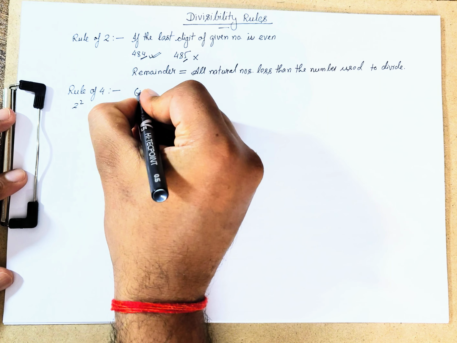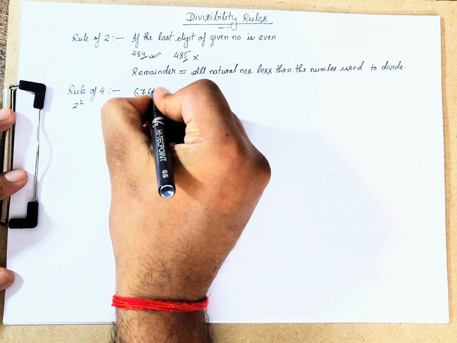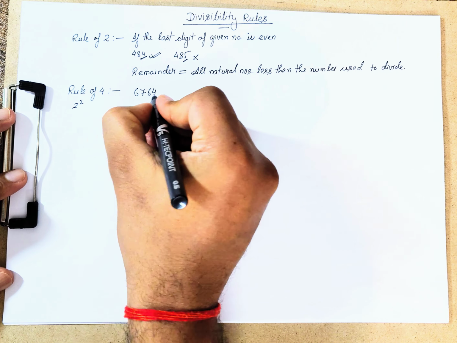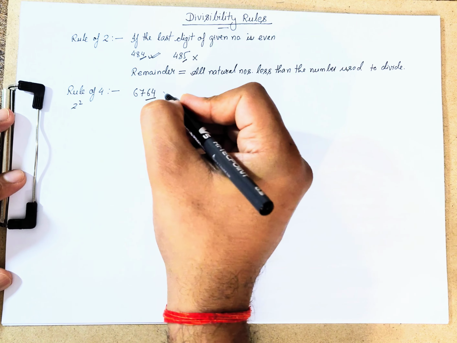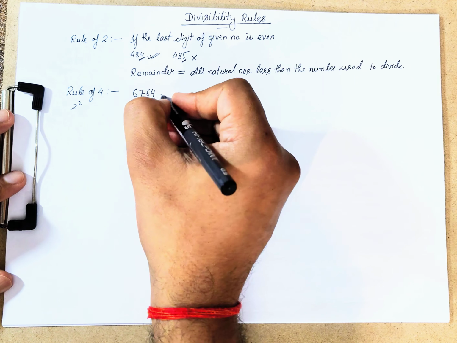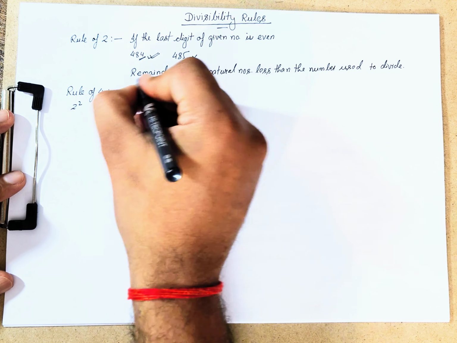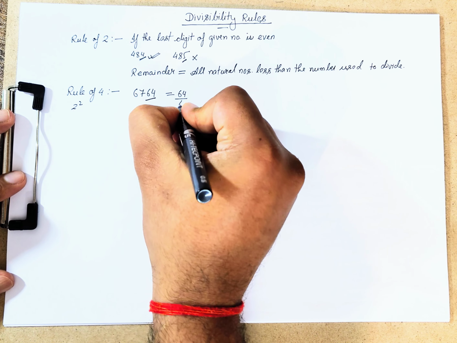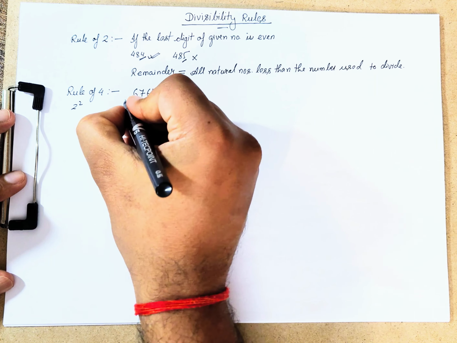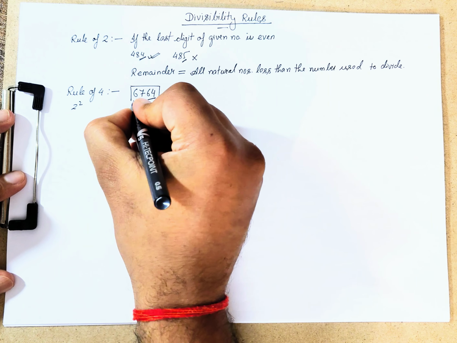Let's take one example, 6764. Is this number divisible by 4? We will take the last two digits. So if the last two digits are divisible by 4, the complete number is divisible by 4. As we know that 64 is completely divisible by 4, hence this number is divisible by 4.